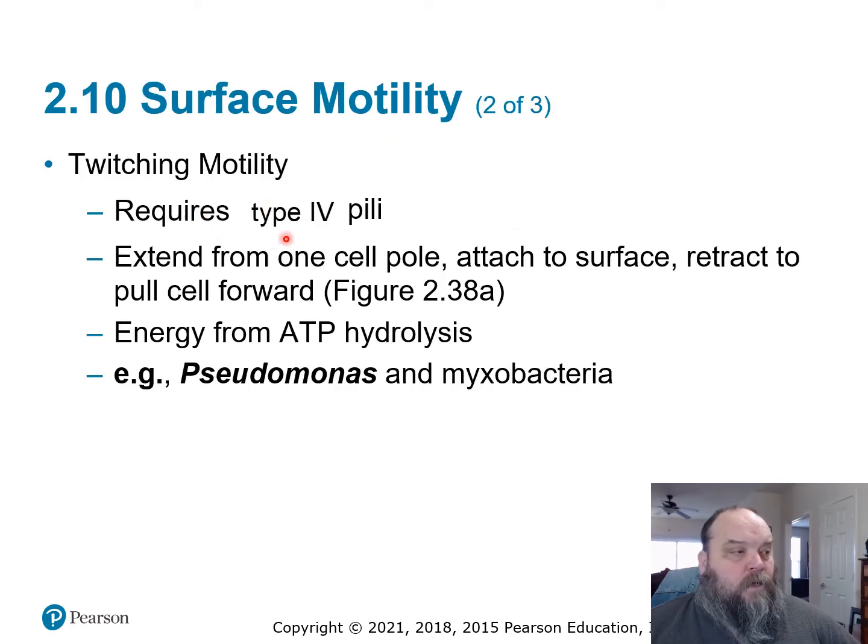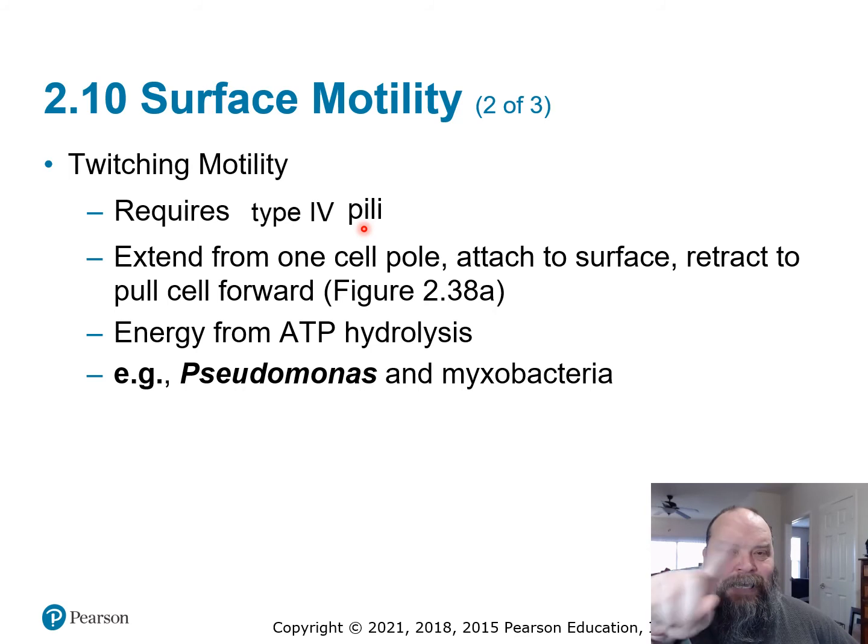First one we're going to talk about is what is known as twitching. Twitching requires those type 4 pili. We've talked about these before. These are projection appendages outside the cell, hollow appendages that allow for adherence and the transfer of material. And here it's going to allow for some movement, because remember the pili can move a little bit.